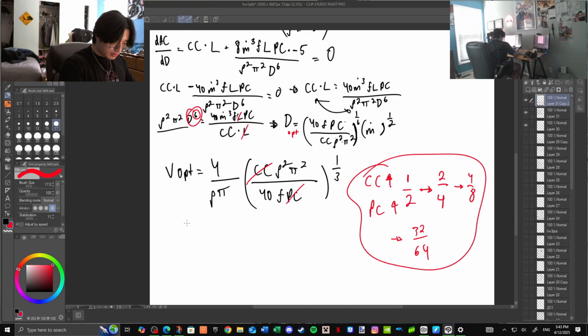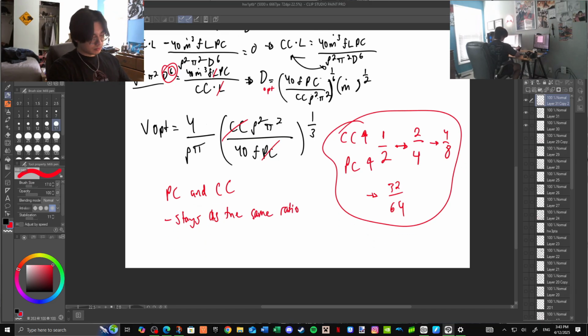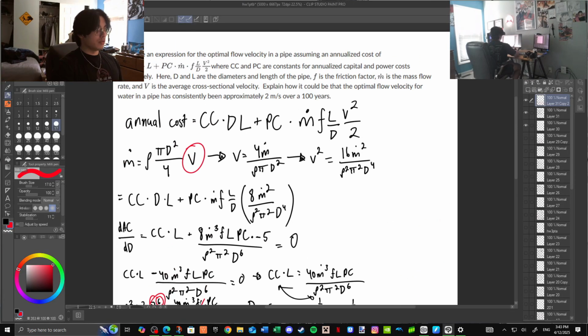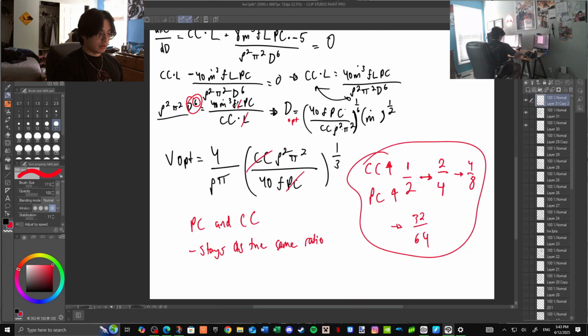The power cost and the capital cost will stay the same ratio. And so the optimal flow velocity will stay the same even after a long period of time.